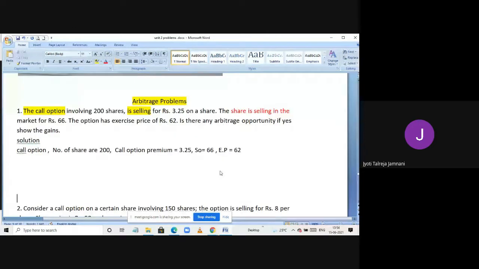I told you what we have to do first: compare the premium with the intrinsic value. So the next step is to find the intrinsic value. I've already taught you how to find it. Does anyone remember the formula?